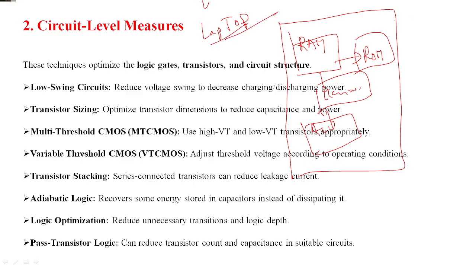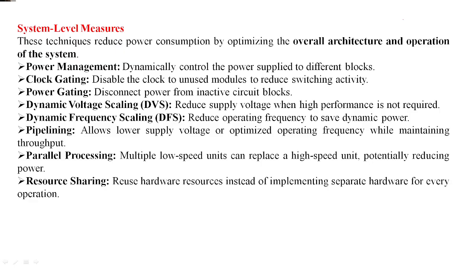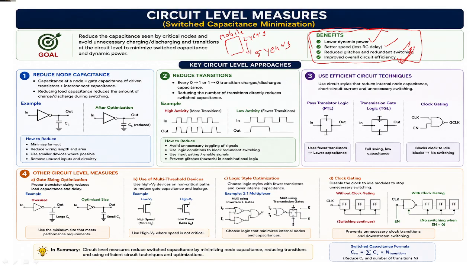What technologies are you using at the circuit level to reduce the power consumption? Here I can say pass transistor logic at the circuit level. You are using pass transistor logic, transmission gate logic, and clock gating.